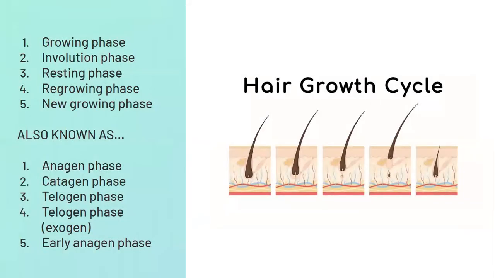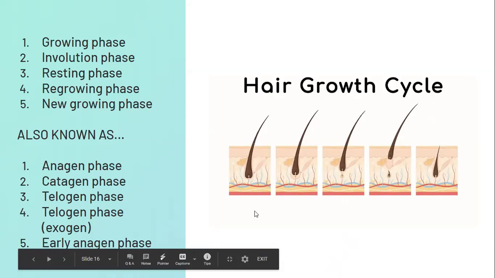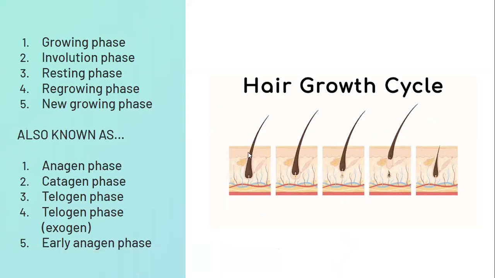So this is the hair growth cycle I was just talking about. It has 5 stages: 1, 2, 3, 4, 5. The first one is the growing phase, where the hair is just growing normally. Then there's the involution phase, where you can see it's deeply in the papilla, and then it starts coming out, separating from the papilla.